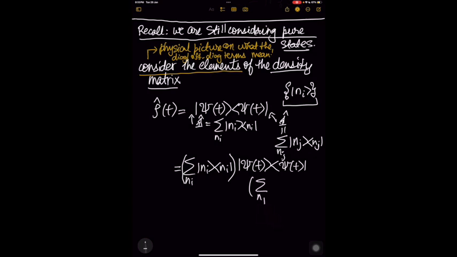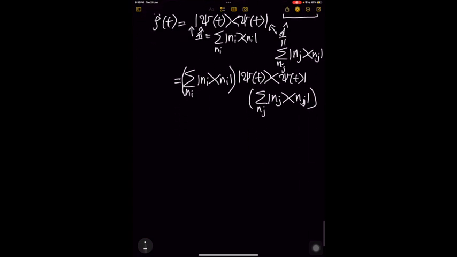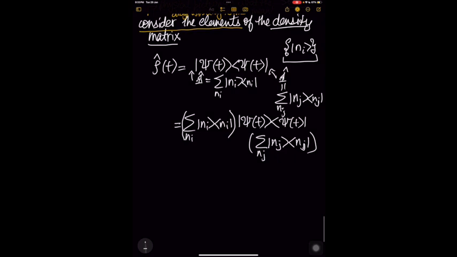So sum over n sub j, outer products of n sub j. So this n sub i would form an inner product with the psi of t, and this n sub j would form an inner product with the psi of t. And then I can pull the summations out.